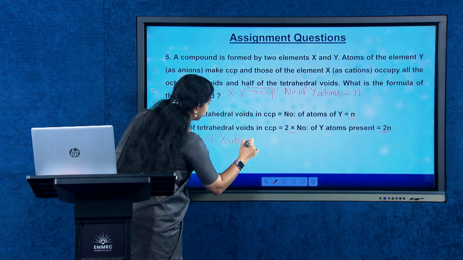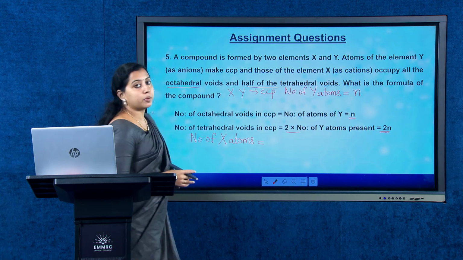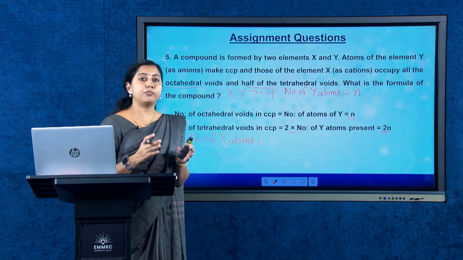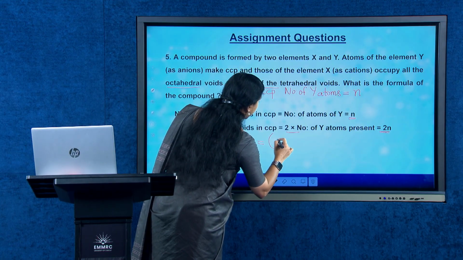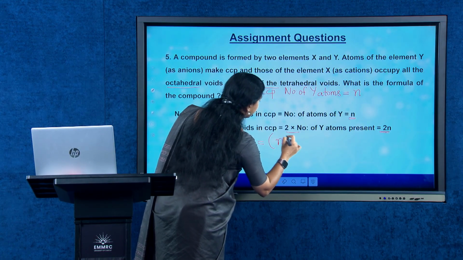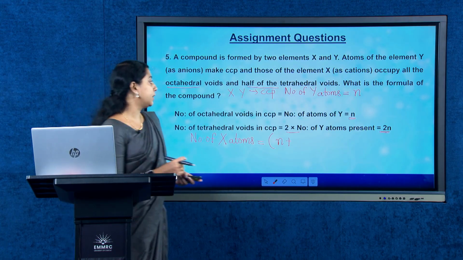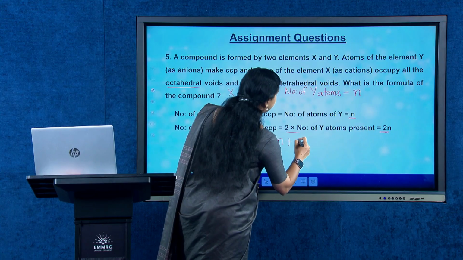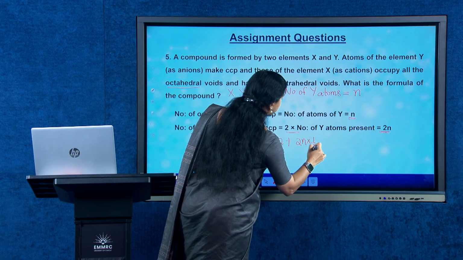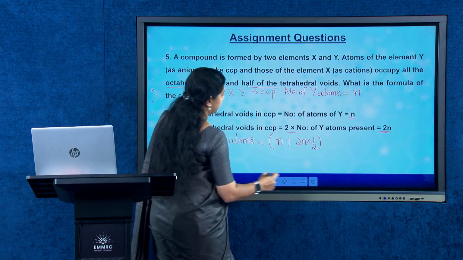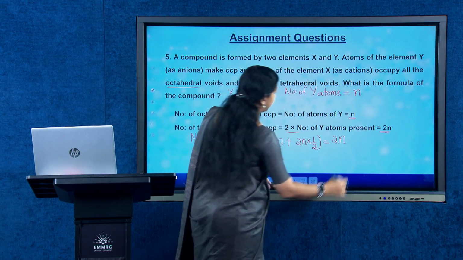Number of X atoms will be equal to, if n is the number of octahedral voids and if X occupy all the octahedral voids, then number of X atoms will be n, plus X atoms are also occupying half of the tetrahedral voids, and 2n is the number of tetrahedral voids. So, 2n into 1 by 2. So that is n plus n, which is equal to 2n.